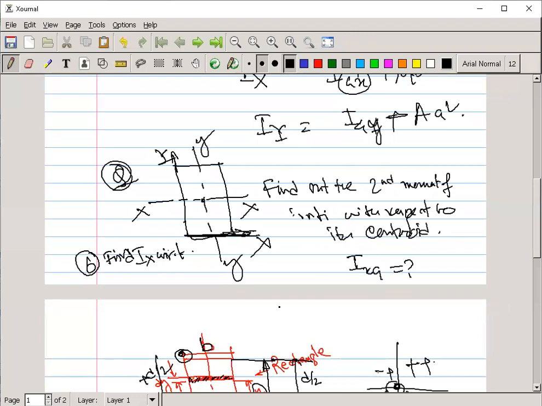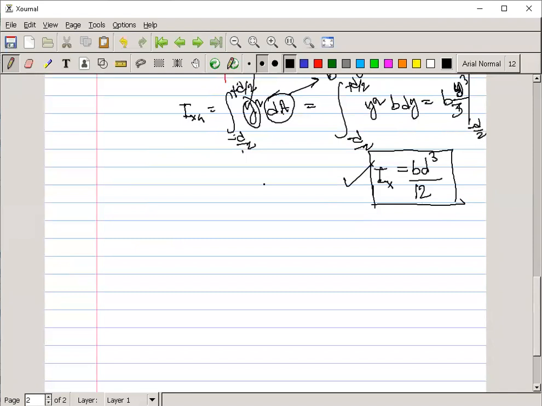So what we have to do is simply apply the parallel axis theorem. See, this is your cross section. You have to find the moment of inertia with respect to this axis. Previously you found it with respect to the centroidal axis, right?